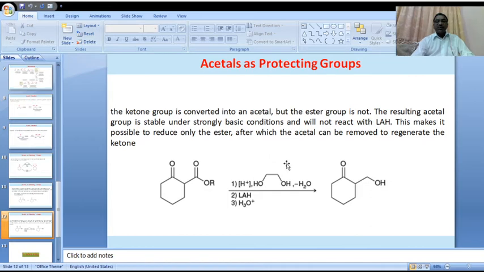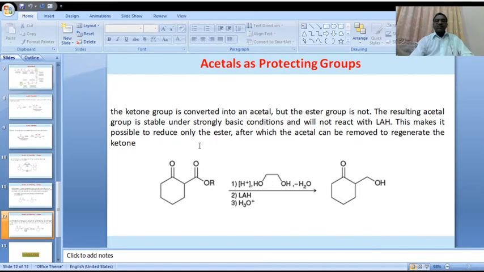After which the acetal can be removed to regenerate the ketone. Here in the intermediate, an acetal is formed of this particular ketone.